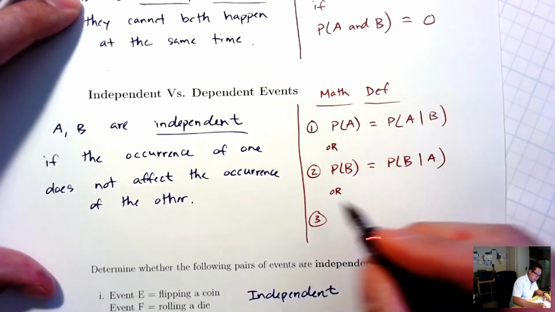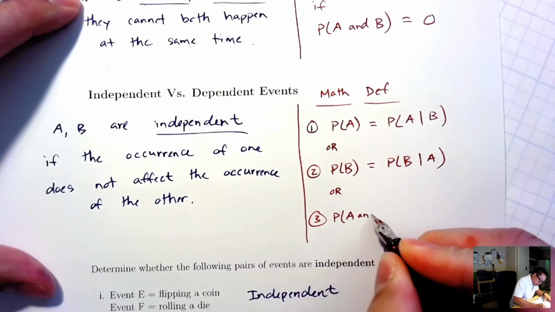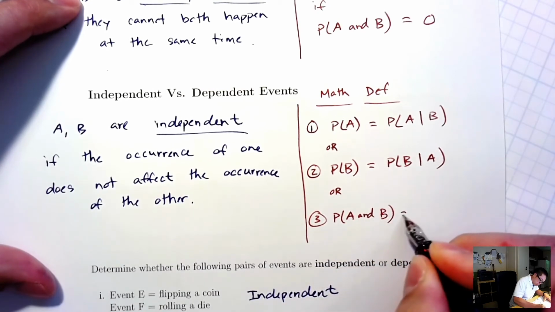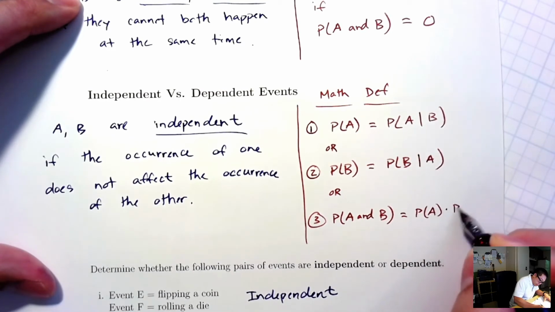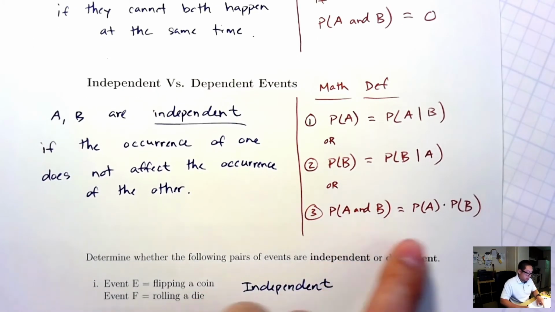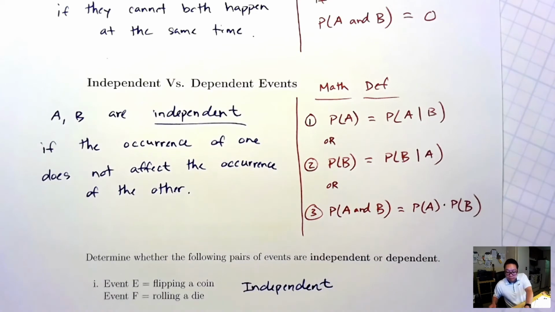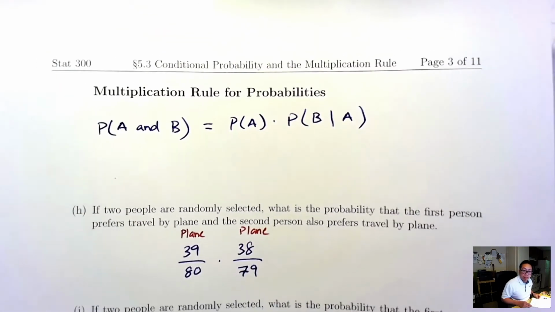Okay, the third criteria is that probability of A and B is the same as probability of A times probability of B. That comes from the multiplication rule that we talked about on page 3.